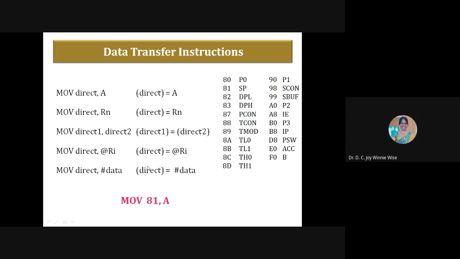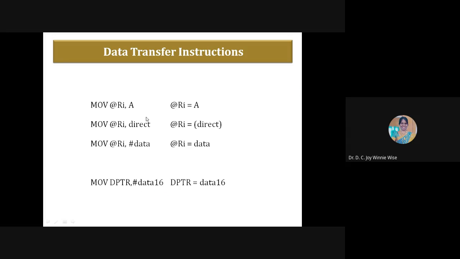Next, the move instruction where the destination is direct, and the source can be accumulator, register, direct, @RI, and hash data. And here the destination is @RI, and the source is A, direct, hash data.